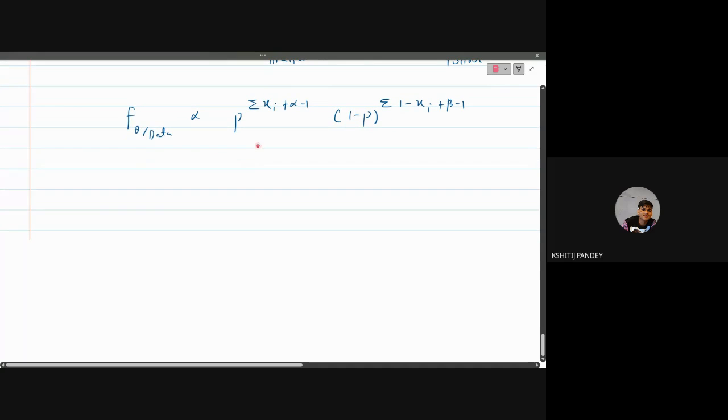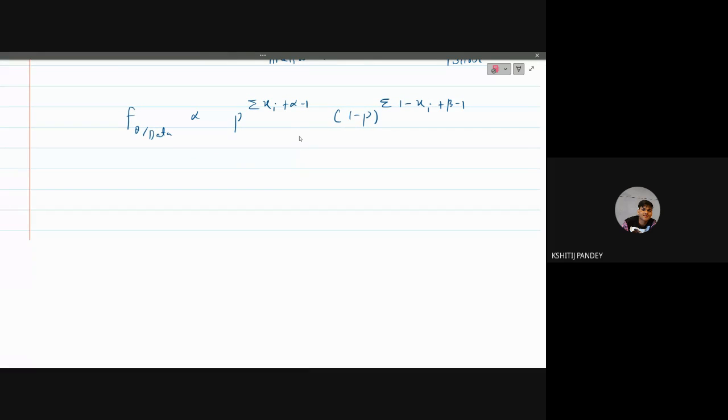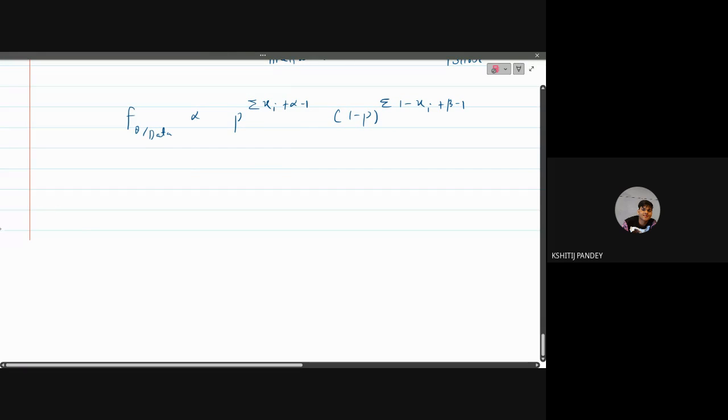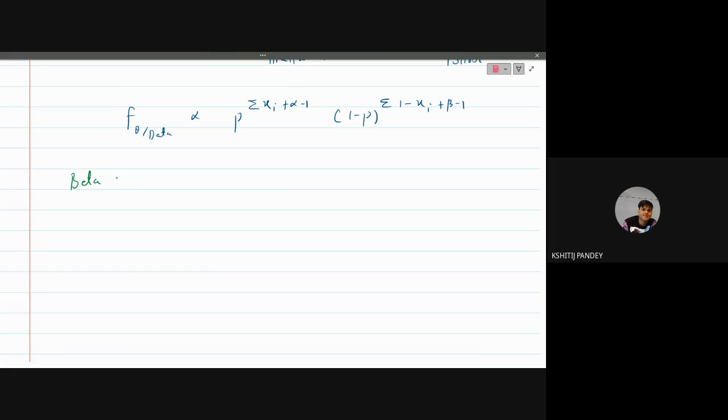This means that your beta prior with your data for Bernoulli distribution, the posterior density it gives is also a beta distribution.